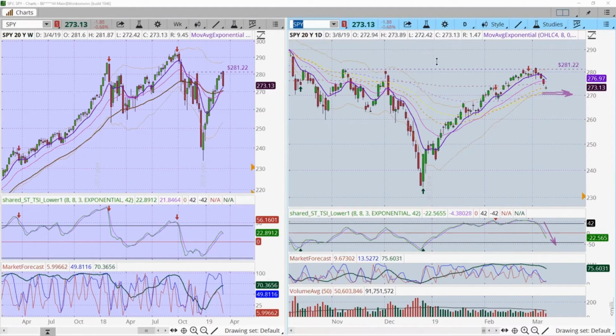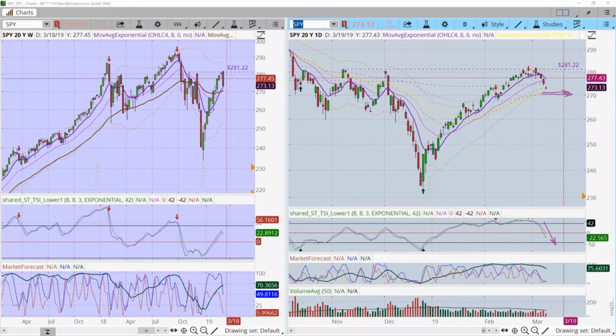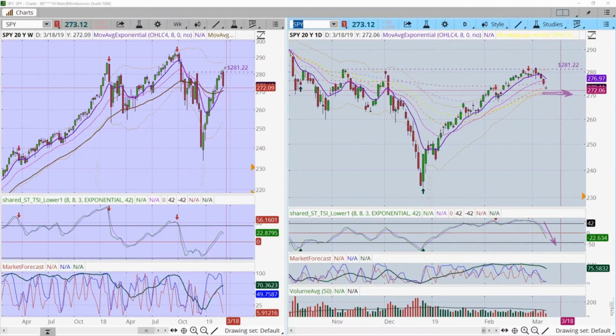Of more interest to me, if we finish today where we are, we were basically at the 8-week moving average, which is a little bit less than the 50-day moving average, but this is a pretty significant candlestick right here on a weekly basis.